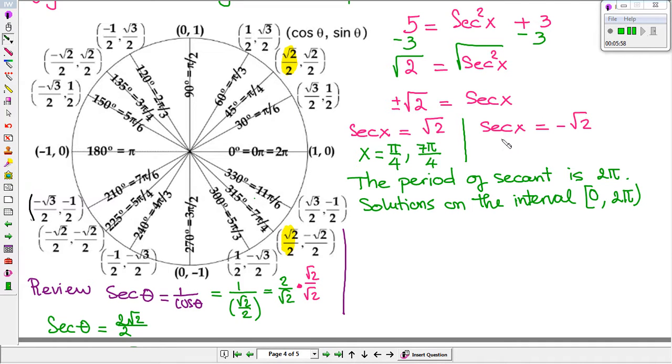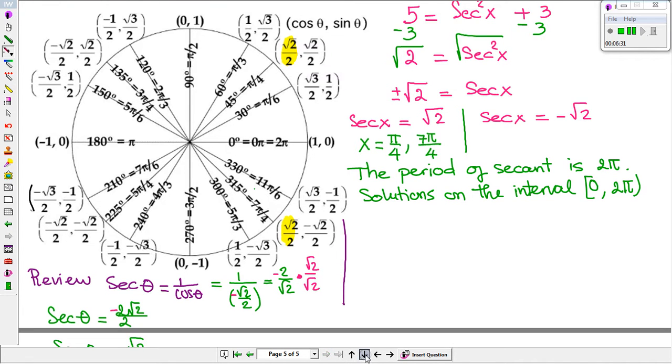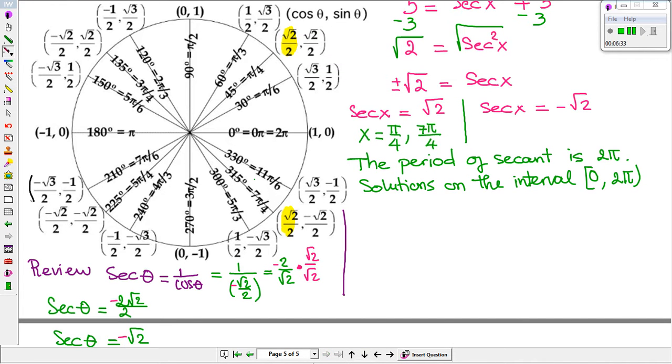Now we'll go ahead and solve the second equation, where secant of x equals negative square root of 2. If we want to get a negative, you can think this way: you need to go back, and your cosine is not going to be positive square root of 2 over 2, it will be negative square root of 2 over 2. Then you can conclude that your secant will be equal to negative square root of 2.